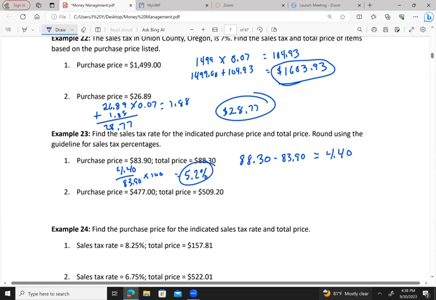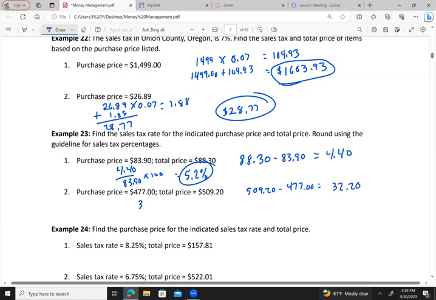Okay, our purchase price was 477, our total price was 509.20. So first, $509.20 minus 477 is $32.20.